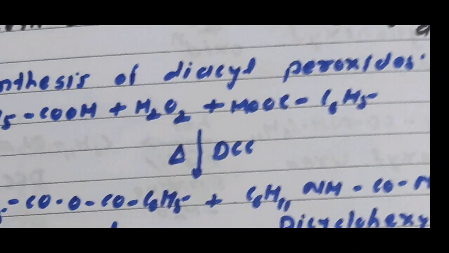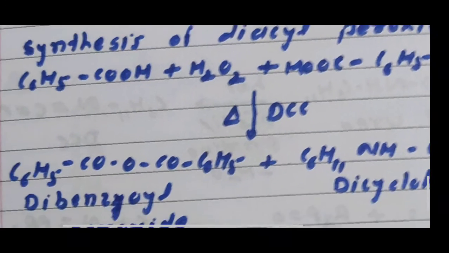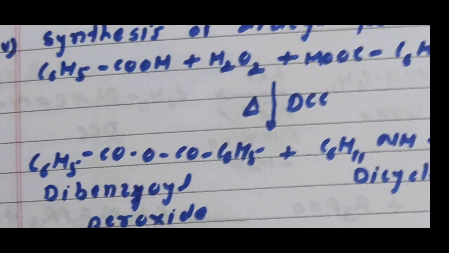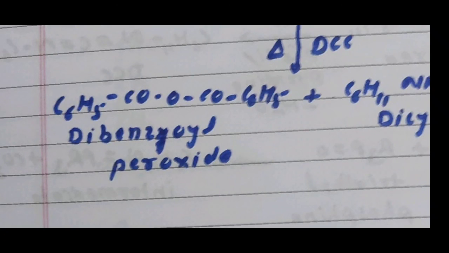Then another molecule of C6H5COOH, two molecules of benzoic acid and H2O2, when heated in the presence of DCC, give C6H5CO-O-O-COC6H5, that is dibenzoyl peroxide. Di means two; here the C6H5CO group is called benzoyl.